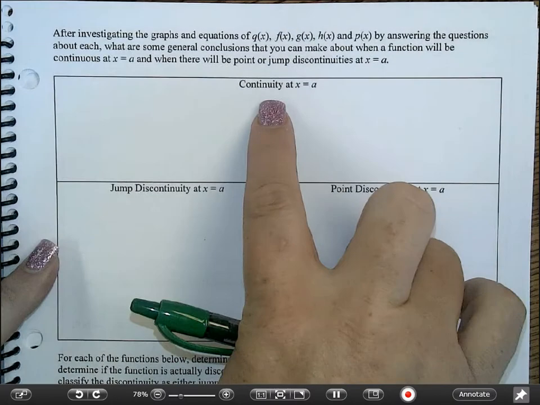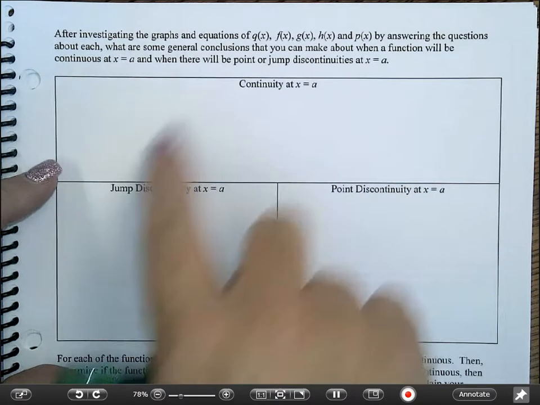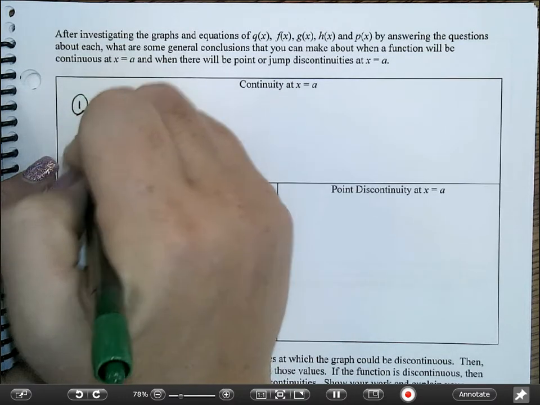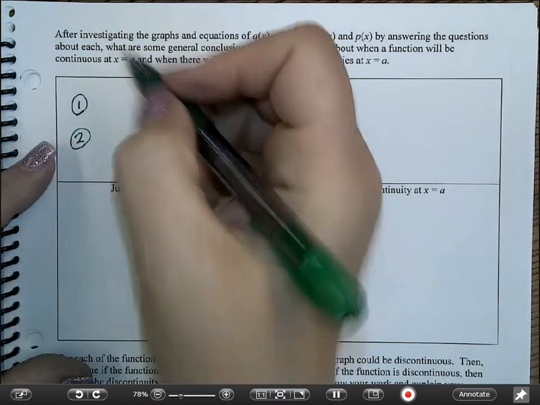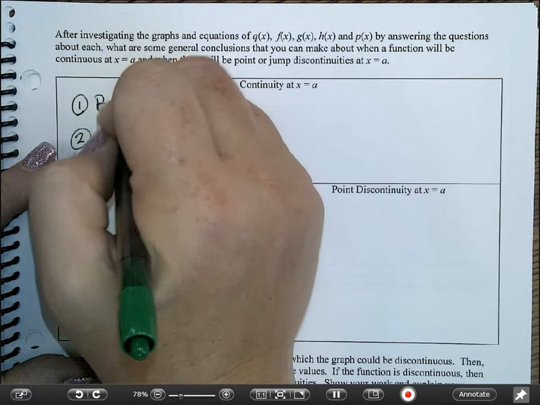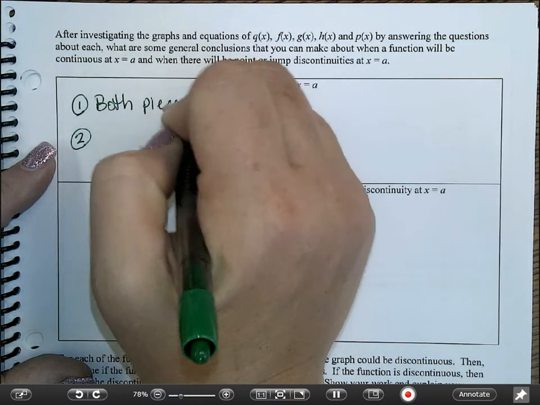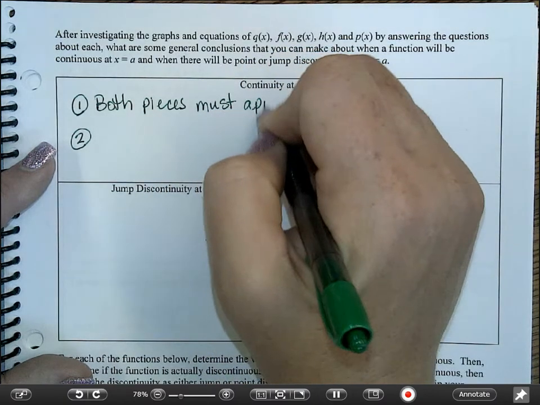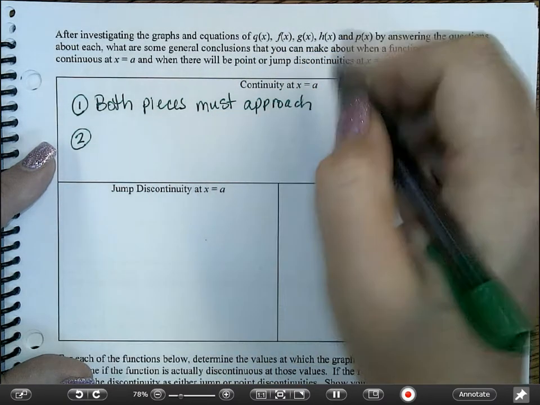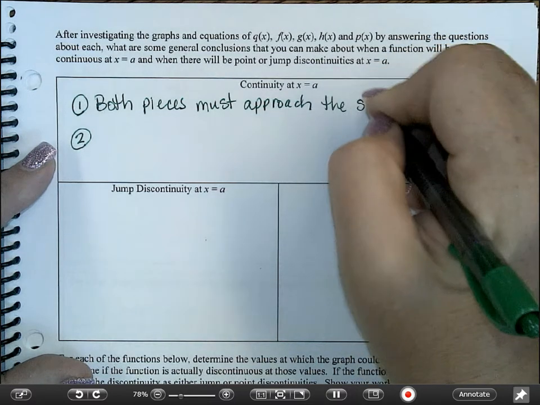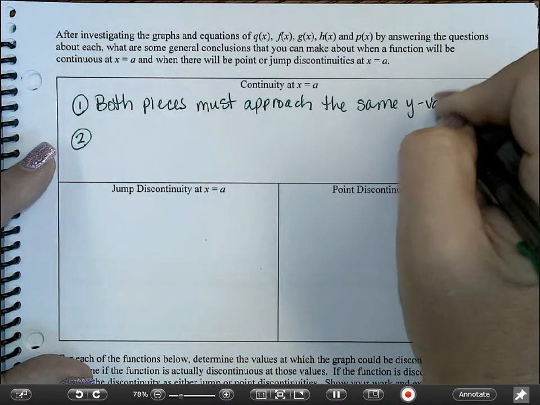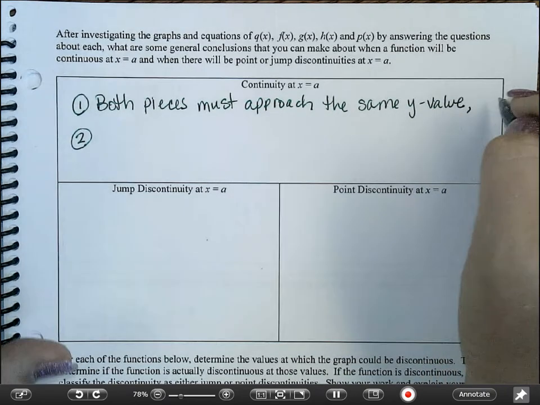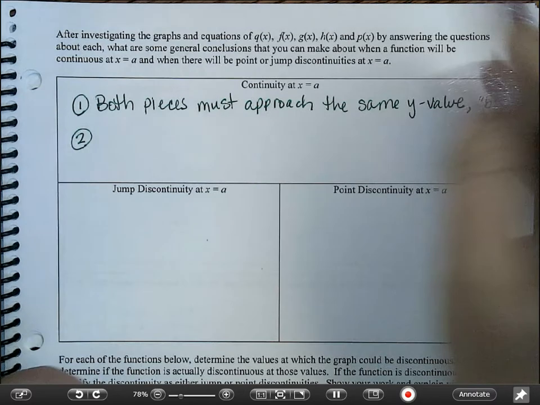So if you are continuous, we already know what that looks like. There's no break in the graph, but algebraically speaking, two things occur. Both pieces must approach the same y value, let's just say that y value is b, whatever that is.